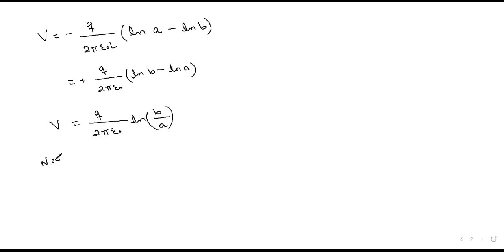Now, it is easy to calculate capacitance. So C is equal to Q by V. So let's keep Q here by putting this factor over here, 2 pi epsilon naught, log of B over A. Okay, so this Q will get cancelled out by this Q, and we will retain the factor of 2 pi epsilon naught as the numerator.